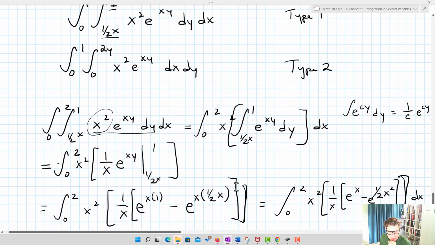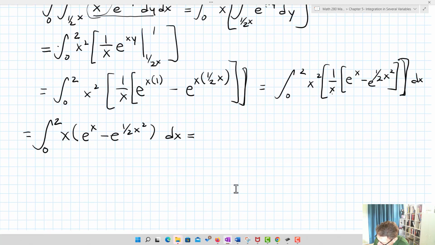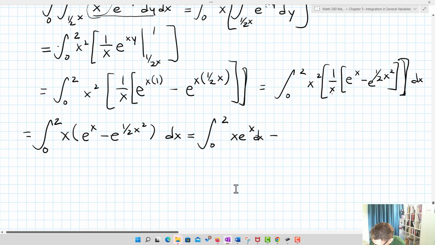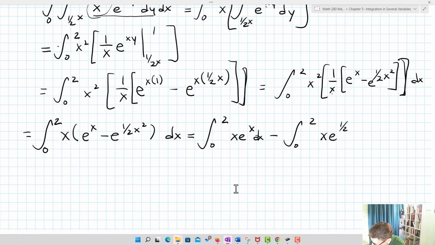For our integration purposes, what we'll go in and do is say, okay, this is the integral from 0 to 2 of x e to the x dx, minus the integral from 0 to 2 of x e to the 1/2 x squared dx. All right.